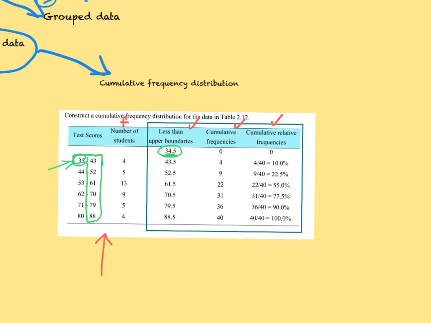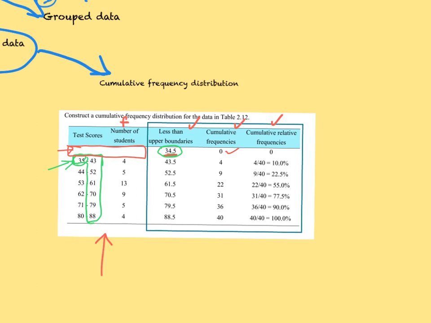For the first one, you need to know the first two columns here are empty because this does not exist. If I ask you how many students score less than 34.5, there are no classes before this, so the answer is 0. No students scored less than 34.5.